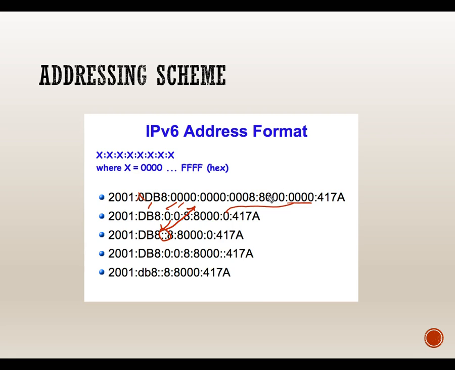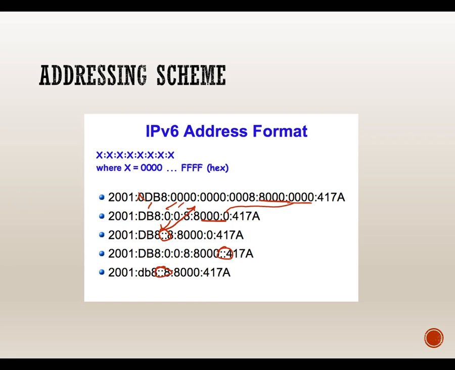But you notice that for the 8000, we still have to write the zeros because they're not leading, they're trailing zeros. We can again only use a double colon one time when we write these things.